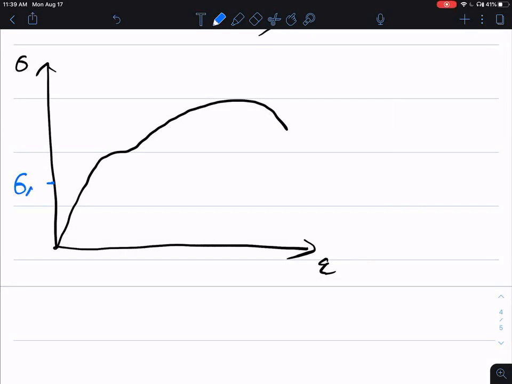If we apply a stress at point A, right here, stress at level sigma A, to a material, which region are we in? Elastic region. So what happens? Let's see if we have a bar here.